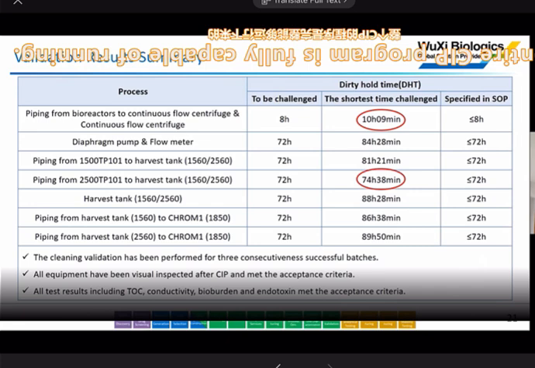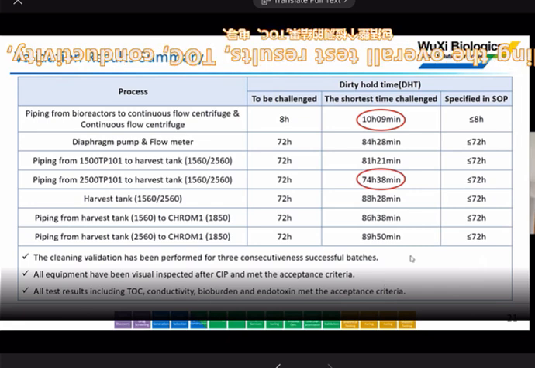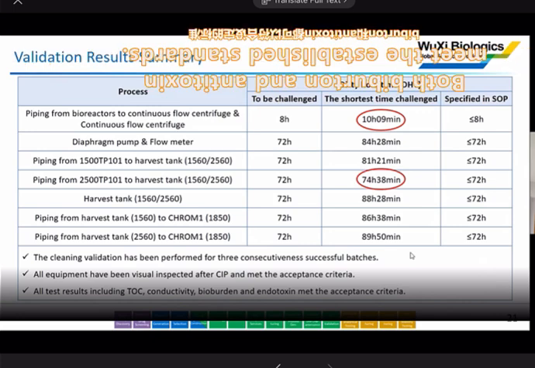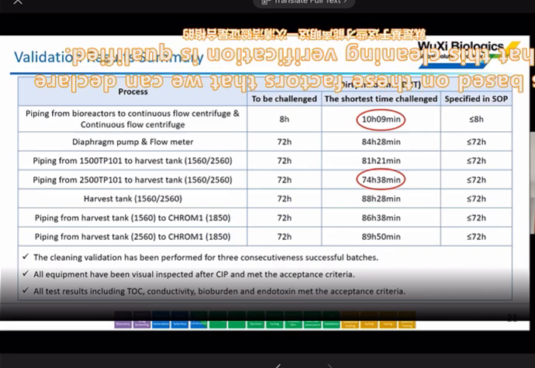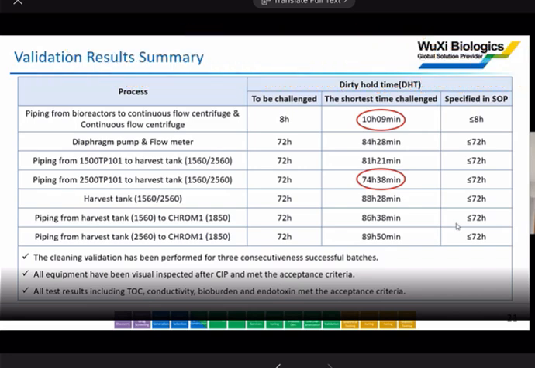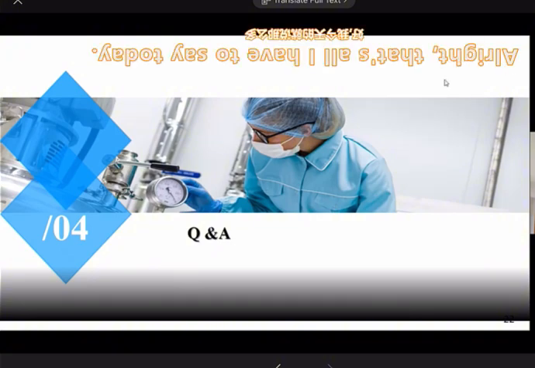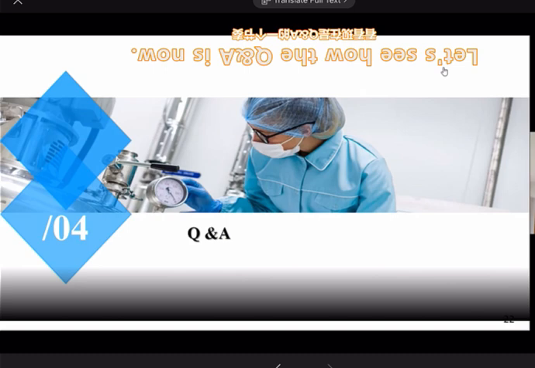Then, after the final product verification, there will be a result. There's an output item listed here which shows how much we've challenged. For example, the most extreme case means you have to challenge dirty holding for 8 hours. Our challenge duration must be longer than 8 hours. Here, let's list it out.